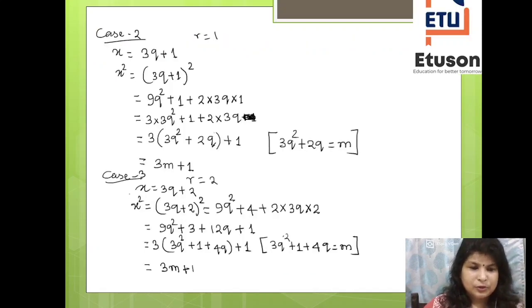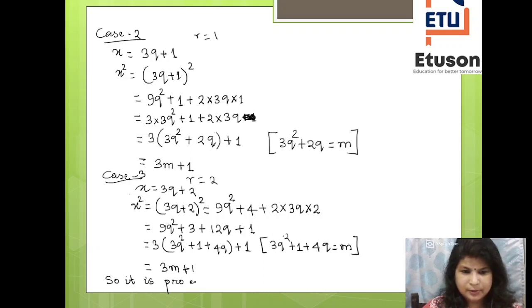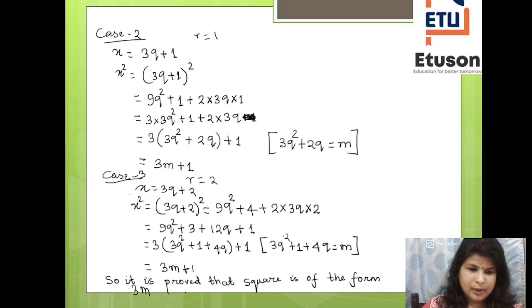So it is proved that the square is of the form 3m and 3m plus 1.